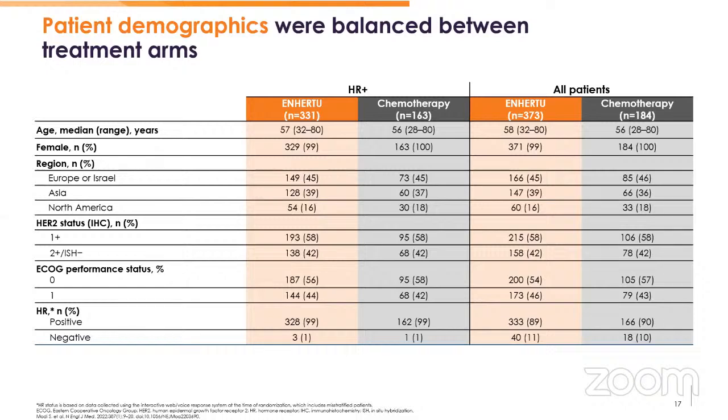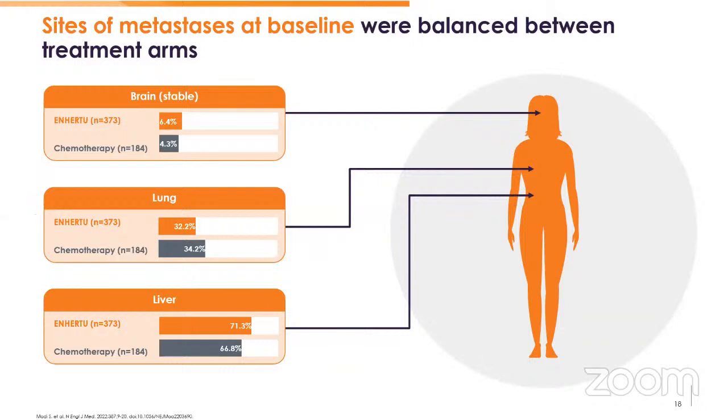The sites of metastasis at baseline were also balanced. Almost 4% of them had brain mets, almost 30% of them had lung mets, and almost 70% had liver metastasis also.